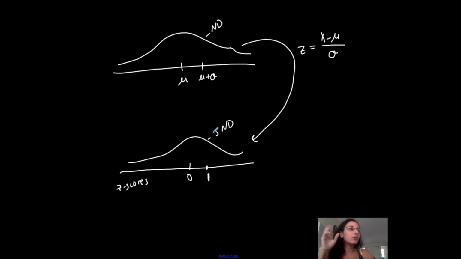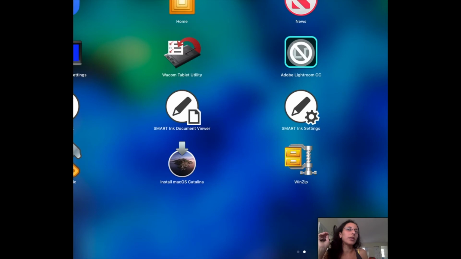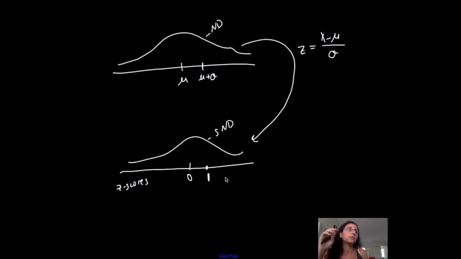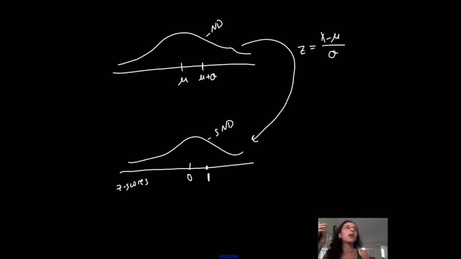Now, if you guys are using tables rather than the calculator trick, you have to do that for every single data value and then go onto your tables to calculate whatever probability or given probability in order to use your inverse norm and such. In order to find area, or a corresponding data value to a z-score, you have to convert every single one. That's why the calculator trick makes it a lot faster.